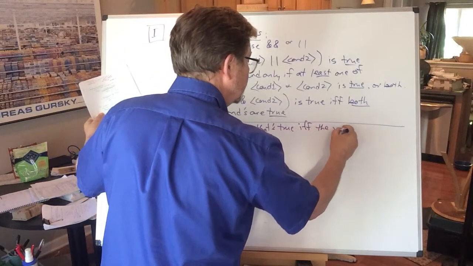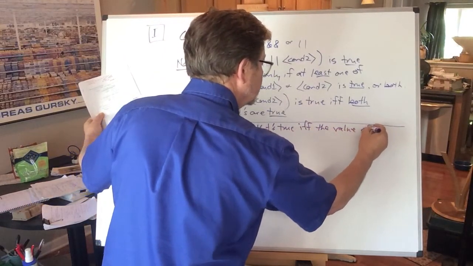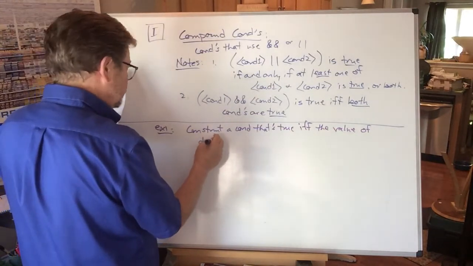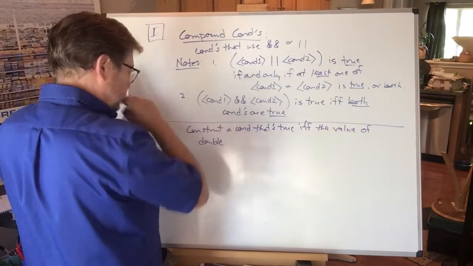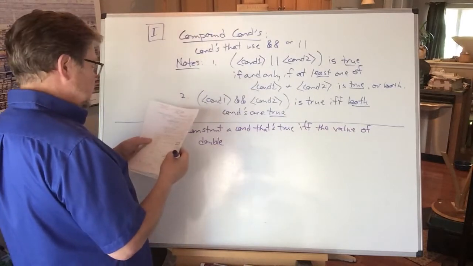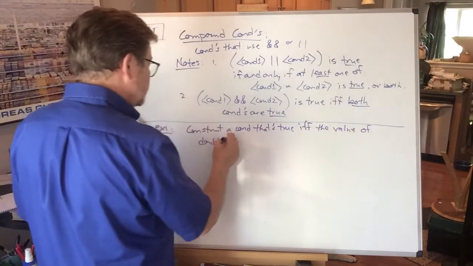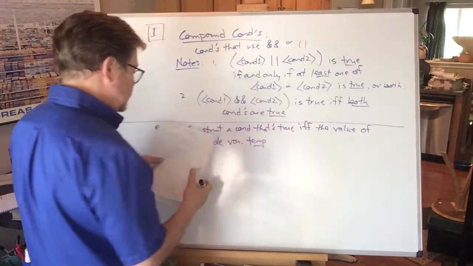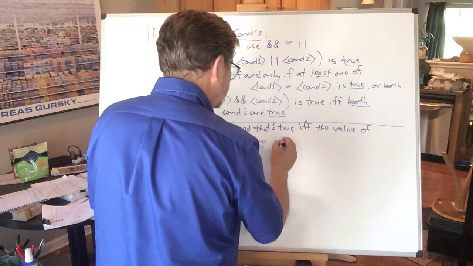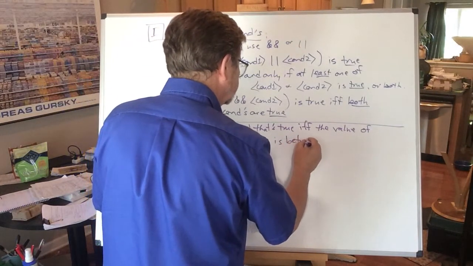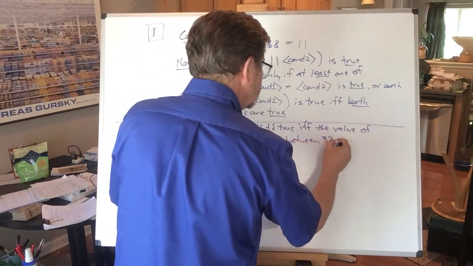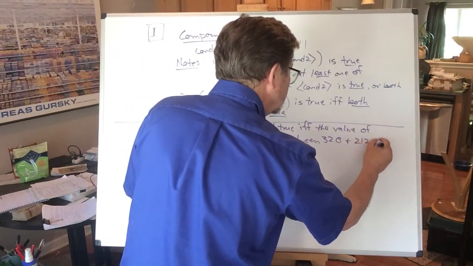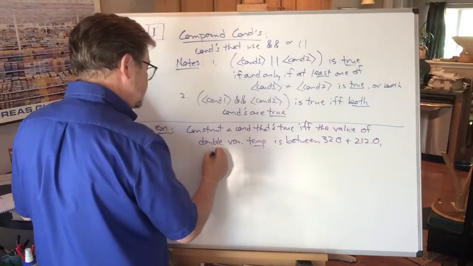the value of double, you remember that's a data type that means it's a number that can have a decimal point. Construct a condition that's true if and only if the value of double variable temp, short for temperature, is between 32.0 and 212.0, comma, inclusive.